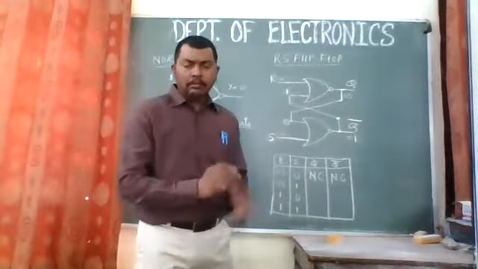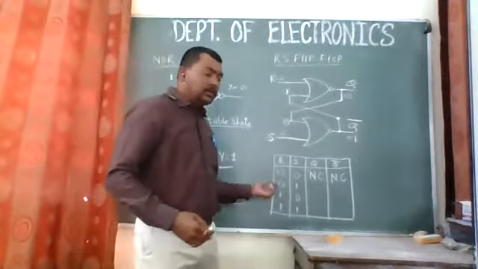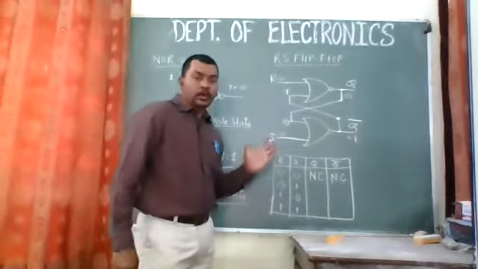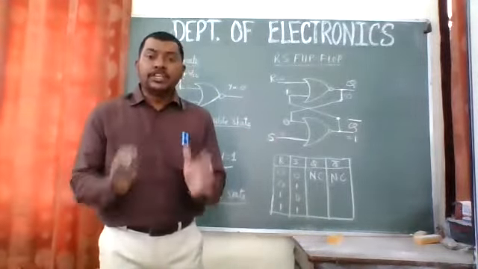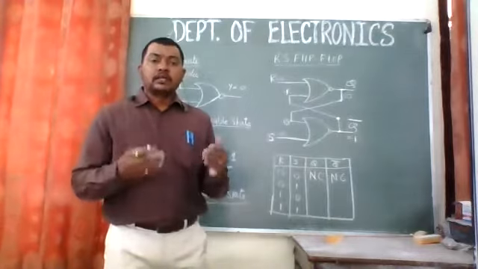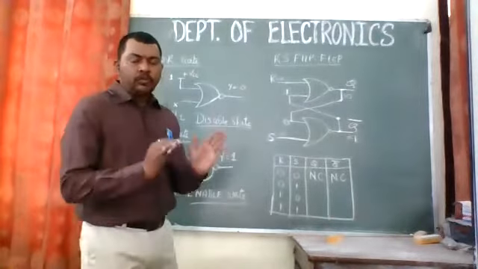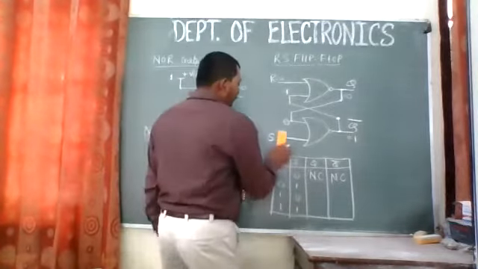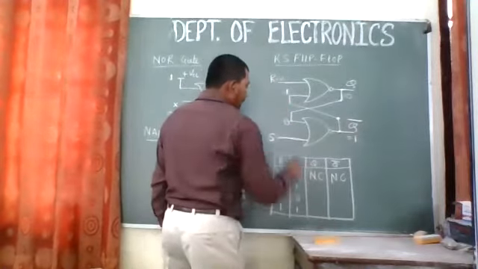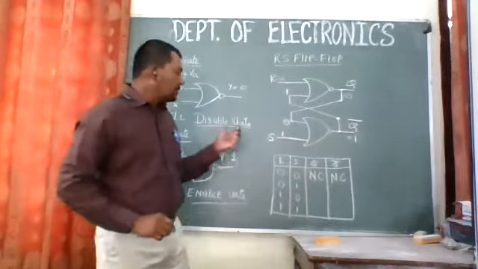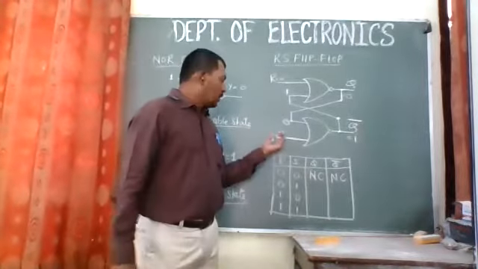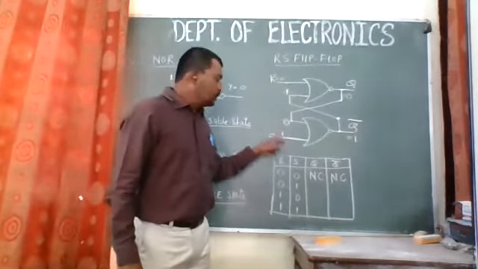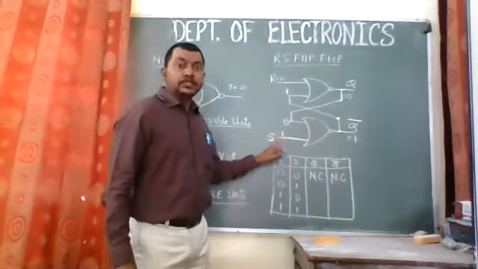Now just imagine what happens if you give the second condition, that is 0 and 1. We need to know the initial condition of the output, and only then can we say whether the output is going to change. So let us assume for the second condition, R equal to 0 and S equal to 1. As soon as I put S equal to 1 and R equal to 0, one of the inputs of this second NOR gate is going to be high.